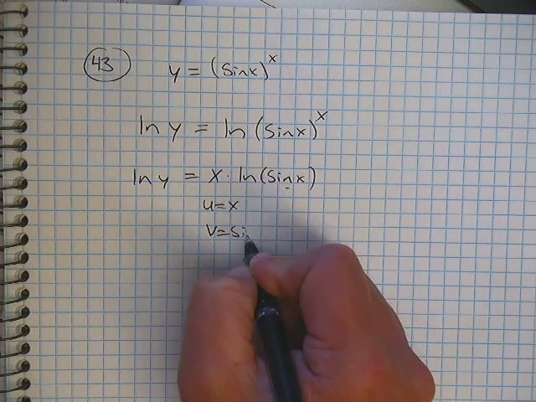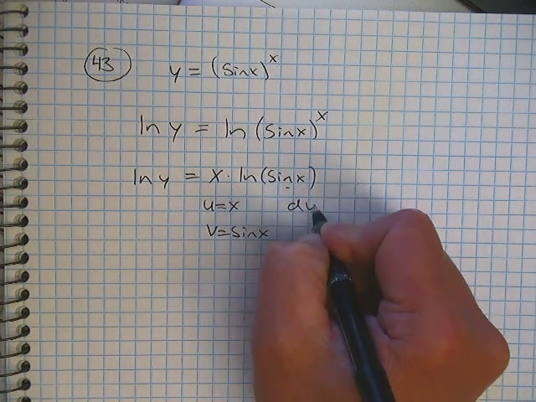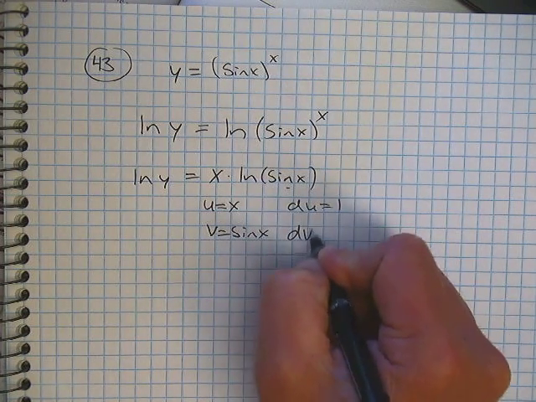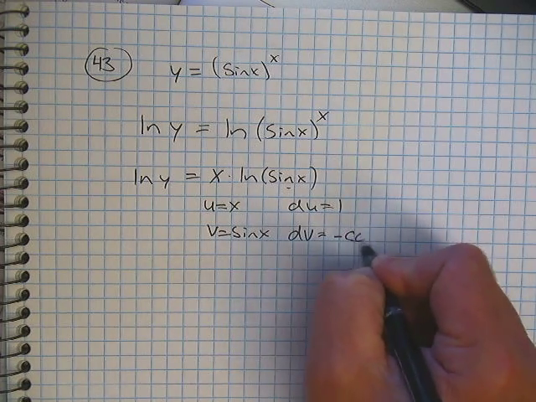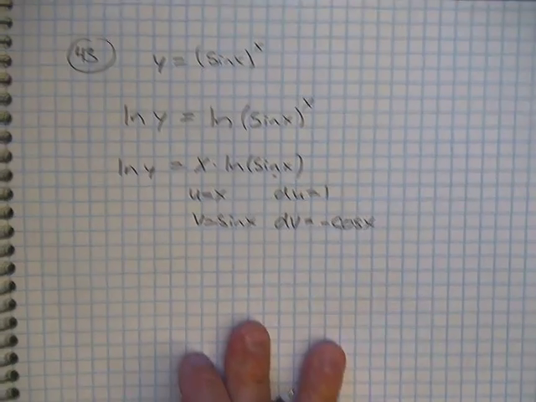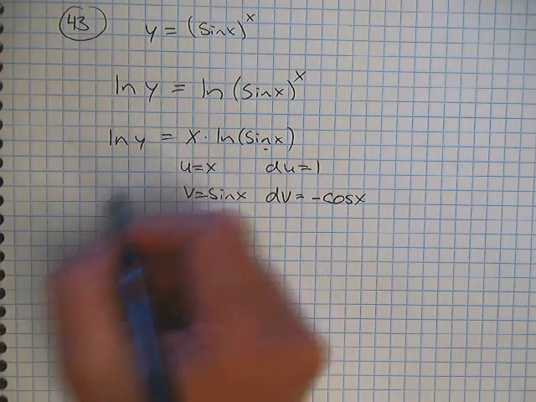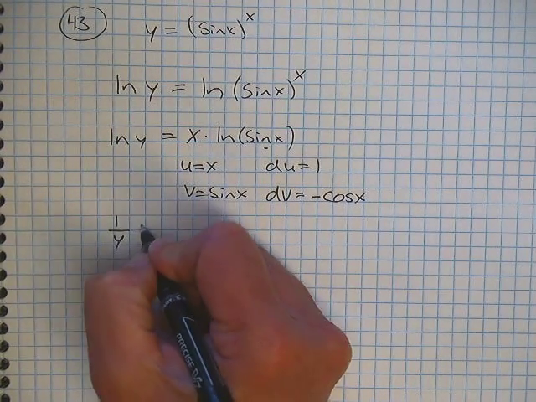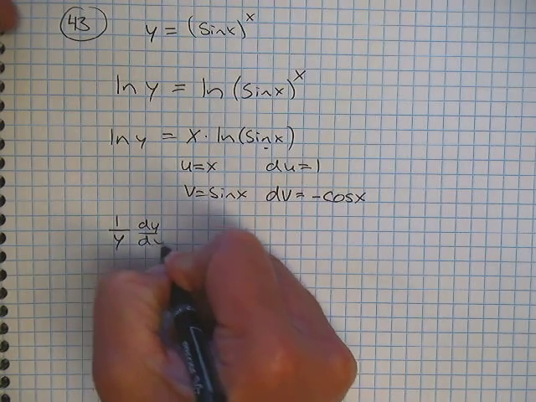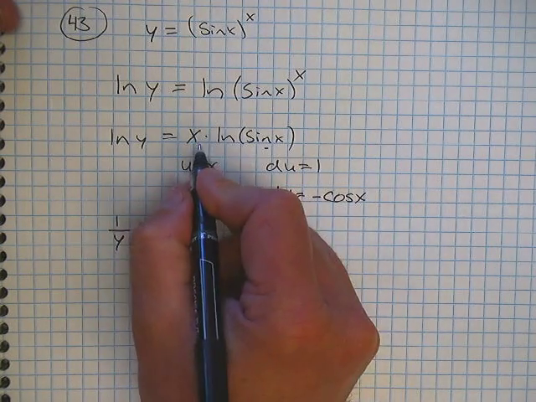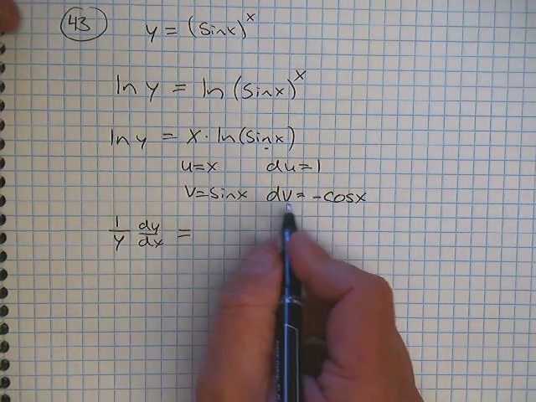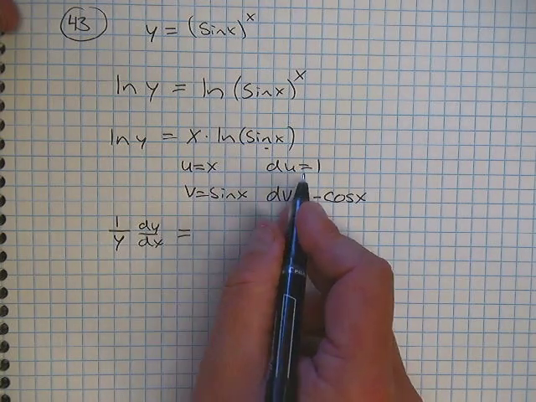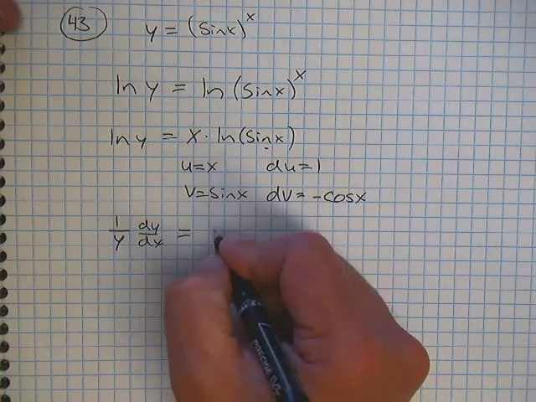So we take the derivative of the natural log of y, that's going to give us 1 over y times dy/dx. That's going to equal the derivative of this, which we have to use product rule, so that's u dv plus v du. So that's going to be negative x times the cosine of x plus the sine of x. I quickly saw that that was a negative, and I knew I wasn't going to multiply it through, I can just write it as negative x.